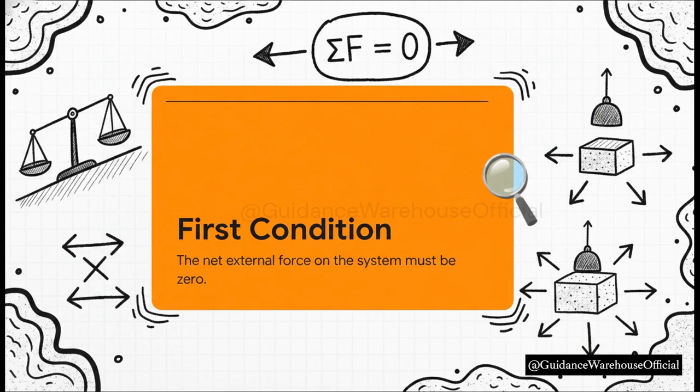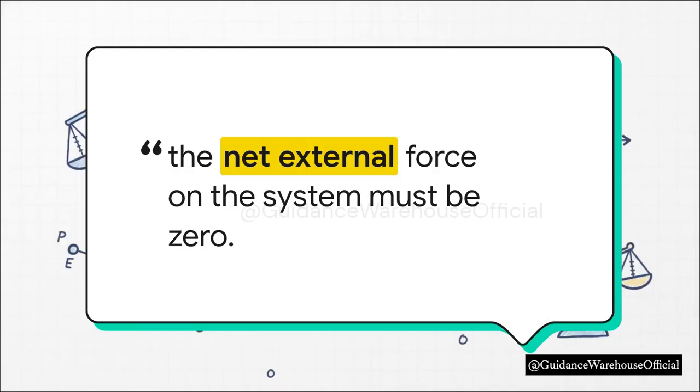Physicists call this the first condition for equilibrium, and it simply states that the net external force on the system must be zero. Written out as an equation, this super simple formula, net F equals zero, is literally the cornerstone of statics. And statics is just the study of forces in equilibrium.